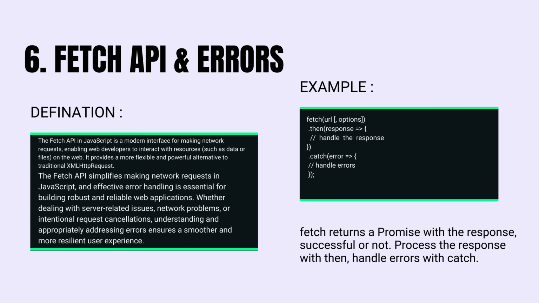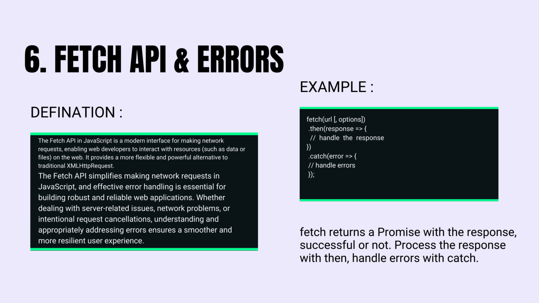6. Fetch API and errors. Definition. The Fetch API in JavaScript is a modern interface for making network requests, enabling web developers to interact with resources such as data or files on the web. It provides a more flexible and powerful alternative to traditional XMLHttpRequest.